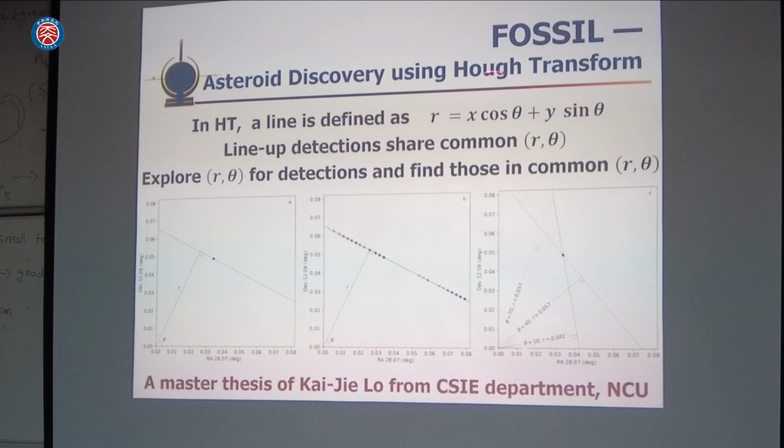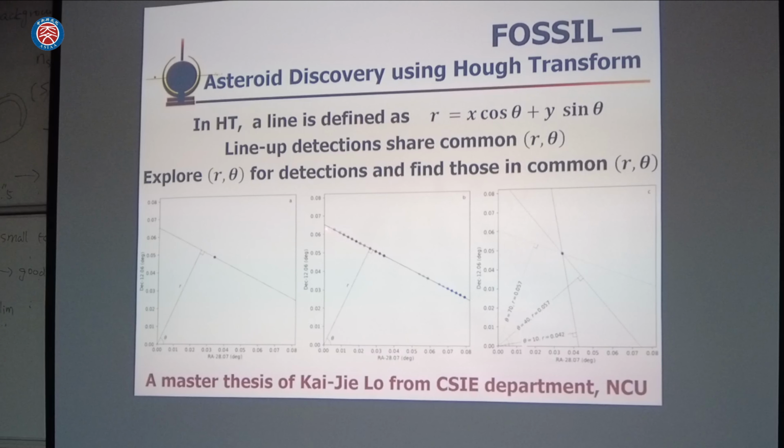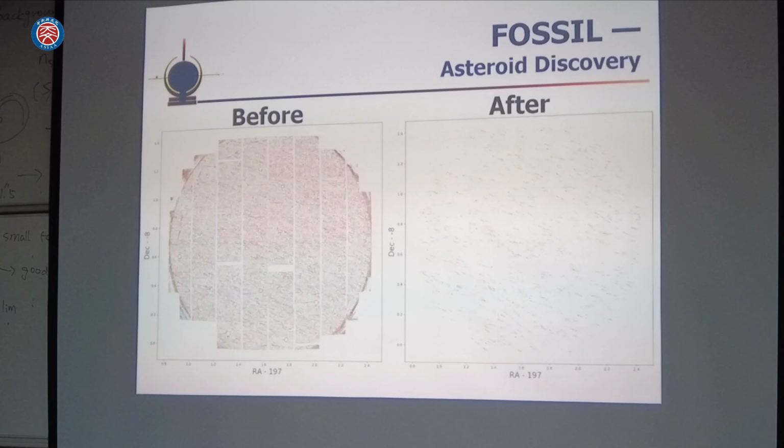So we finally use the algorithm called Hough transform. It just tries to do some mathematics to correlate the detections that belong to the same line. But I won't tell you detail on this.